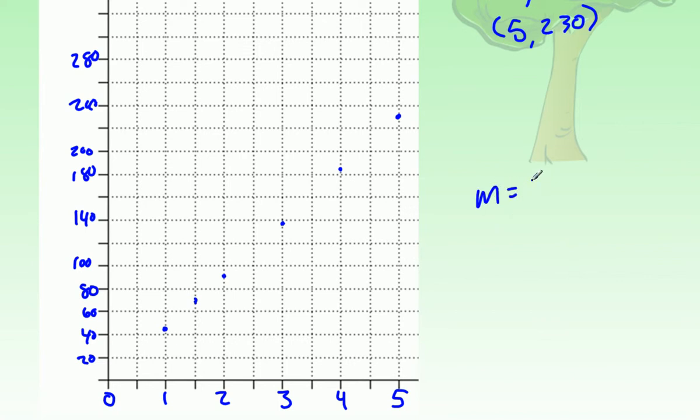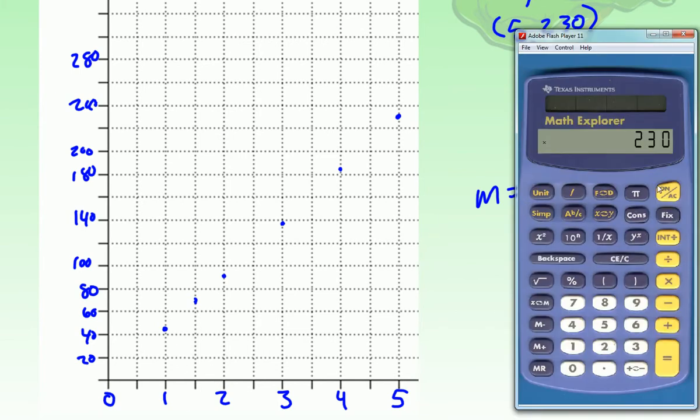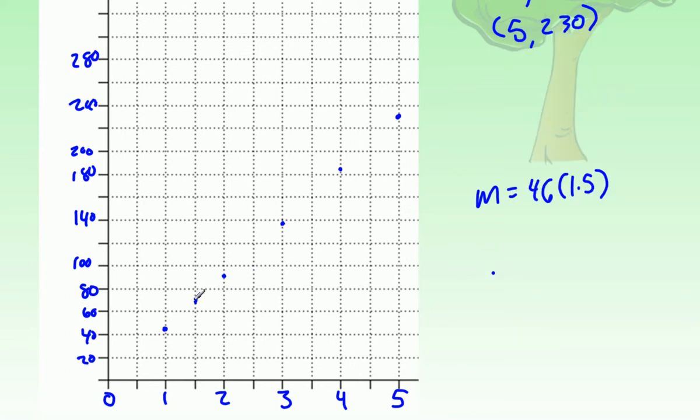If m equals 46 times 1.5, 46 times 1.5 equals 69. Is that about 69? Yeah, that's right about 70. And even if I pick something in here like 1.25, I would expect 1.25 would be in that ballpark, which is maybe 55. 46 times 1.25.